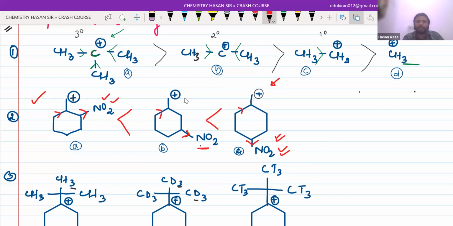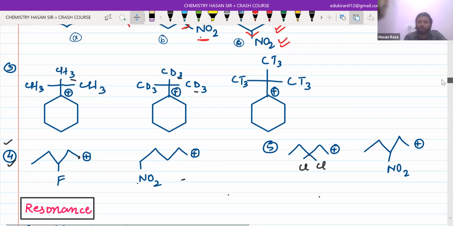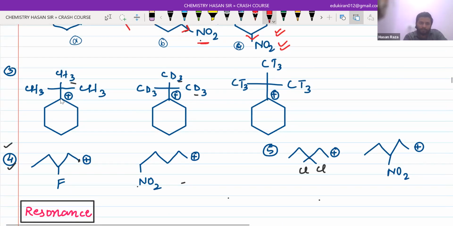Then coming to the next, the third one. You can see carbocation. Very good, Ajay. Very good, Alan. So this is carbocation. Now you need to think about this CH3, CH3, CD3, CD3. What will happen?